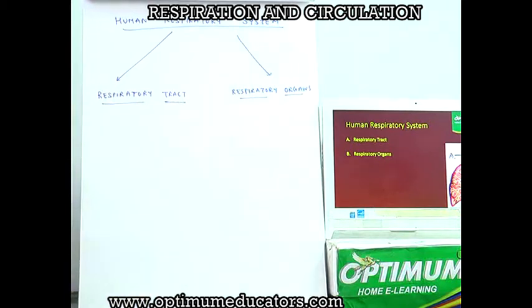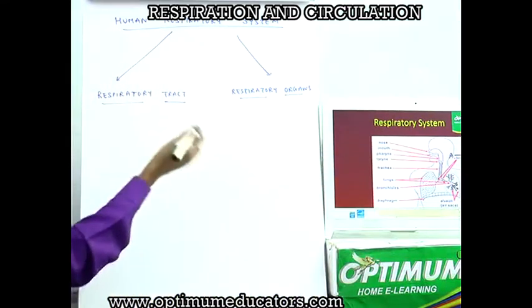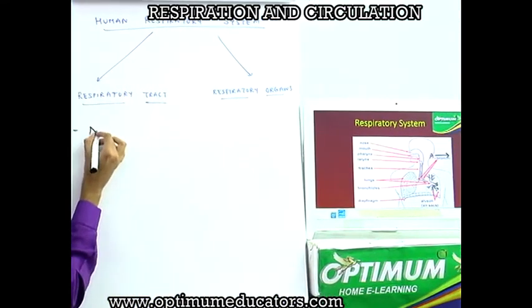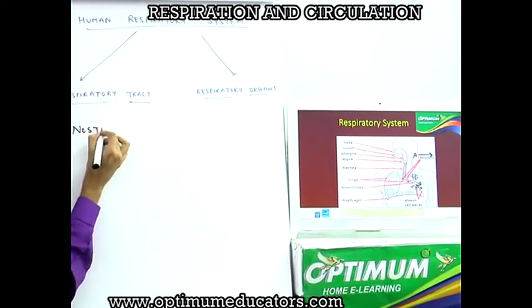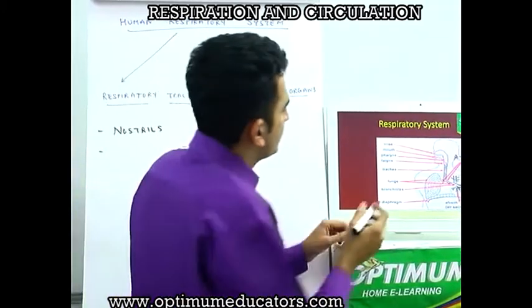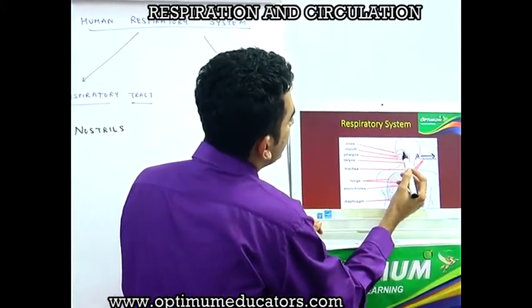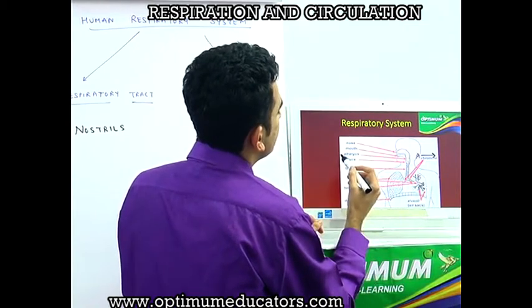The human respiratory tract starts with the nose. Wonderful pictures. What are the nostrils? From there, if you see, the air enters the pharynx.